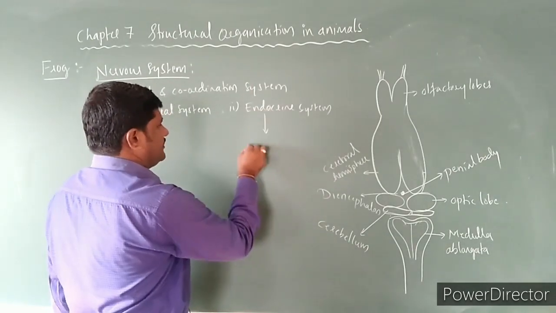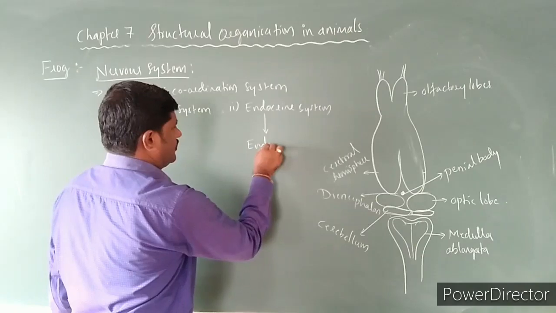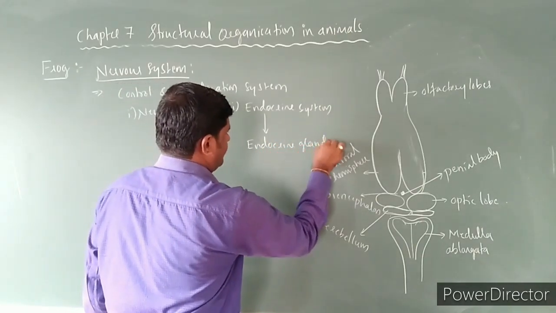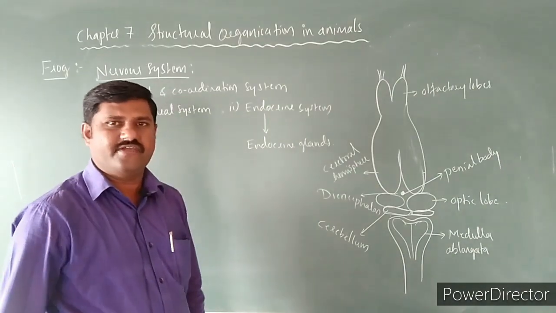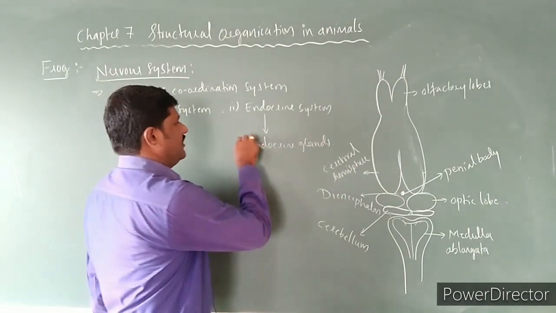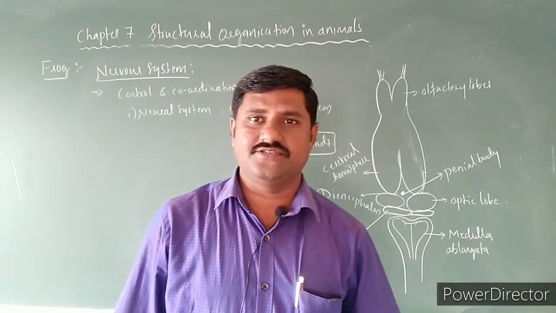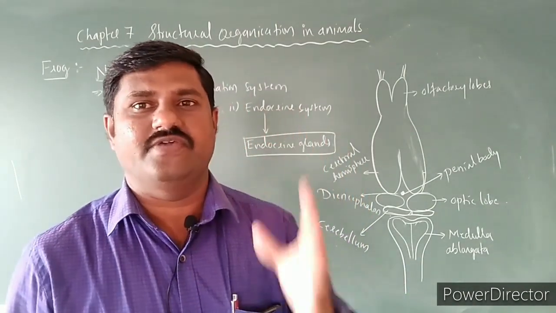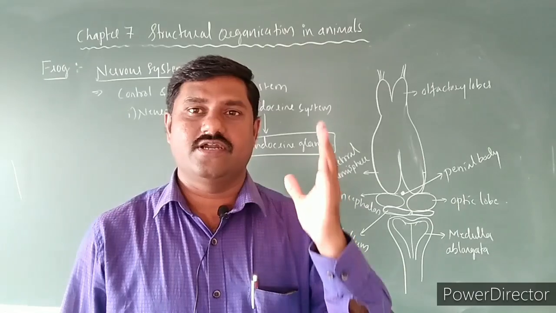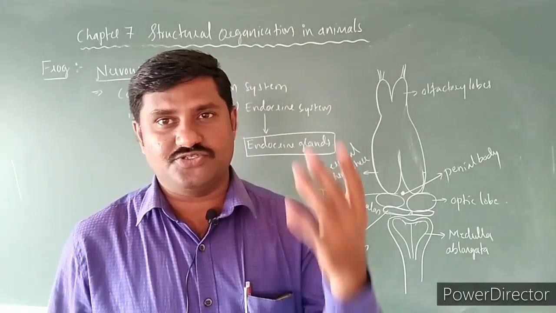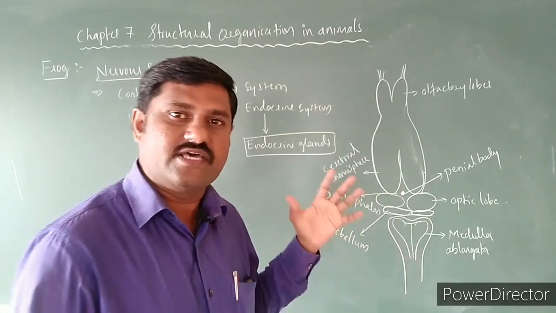The endocrine system consists of endocrine glands. Endocrine glands, exocrine glands, heterocrine glands are the three kinds of glands that we come across, right? In chemical coordination, the last chapter, we will discuss all these thoroughly.